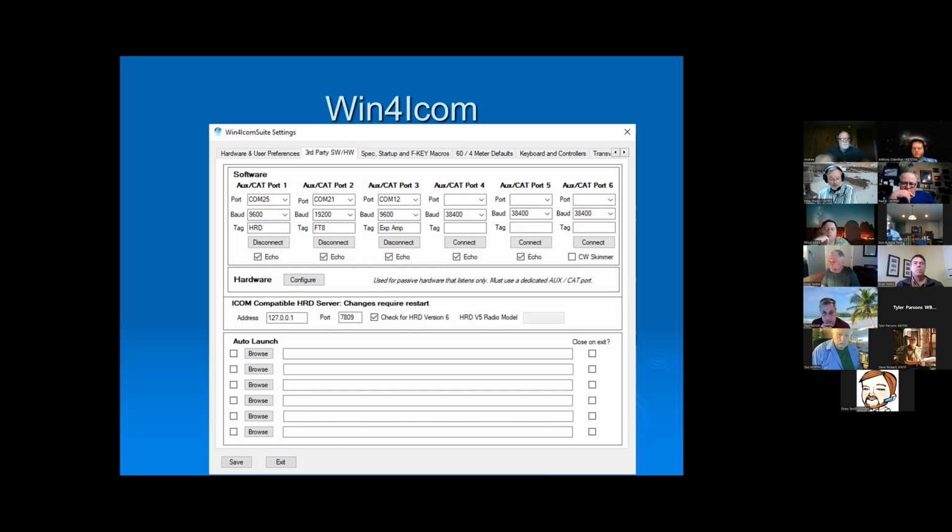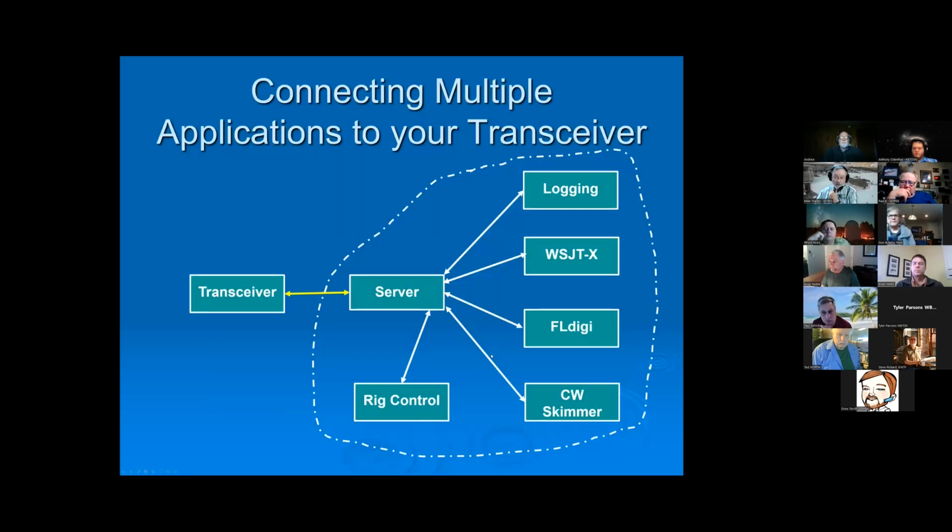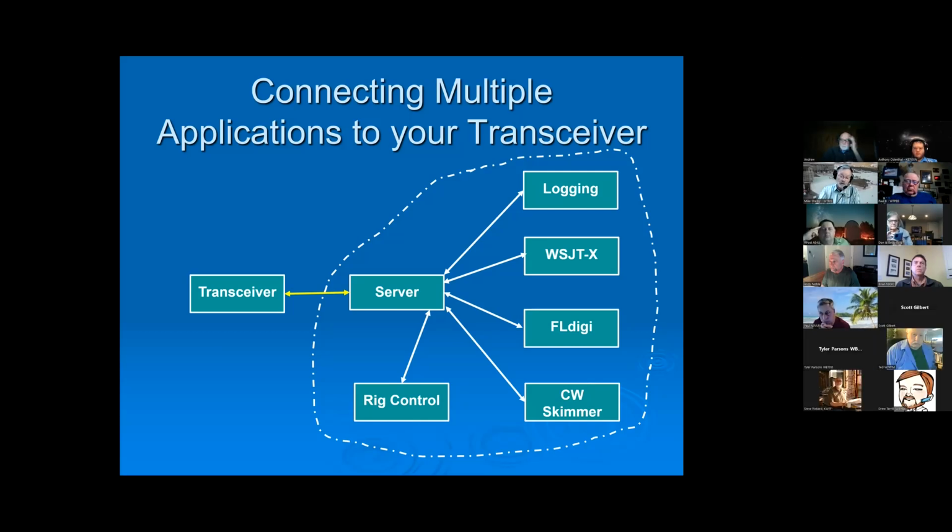And then down below at the very bottom there, this is where you plunk in your stuff for auto launching different kinds of applications. So before I was talking about just a server, just a standalone application that all these other things plug into. And now we're going to look at another set of applications where the lines are blurred.